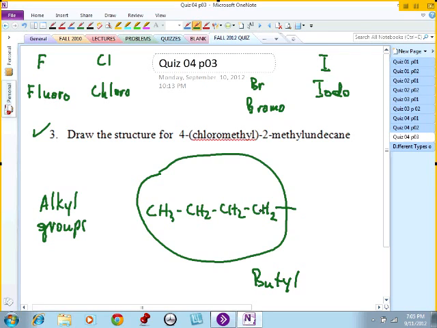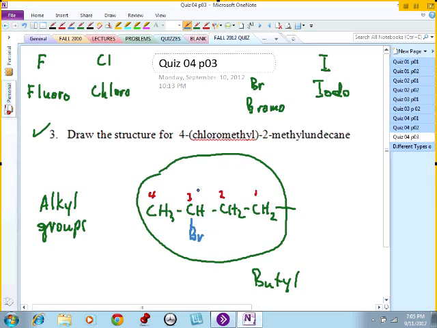Now the position of attachment in all the alkyl groups will be position number 1. In other words, this is position number 1 because that is where it is attached to whatever we want to attach the group to. Okay, 2, 3, and 4. Now supposing I take one of these hydrogens out and now place a bromine here.